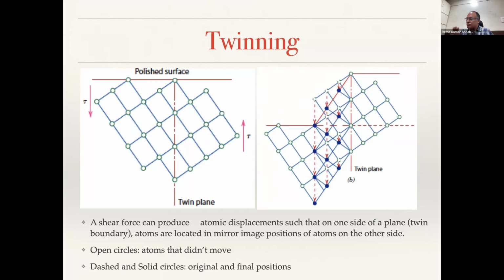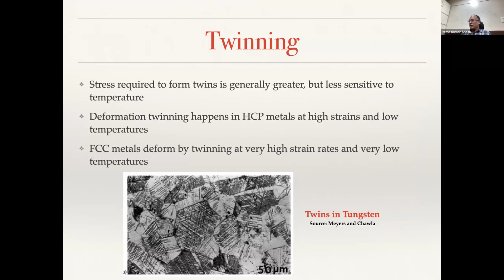This is a very restricted motion, and it is not observed as predominantly as slip or dislocation motion. But this is also one of the mechanisms in which plastic deformation takes place.